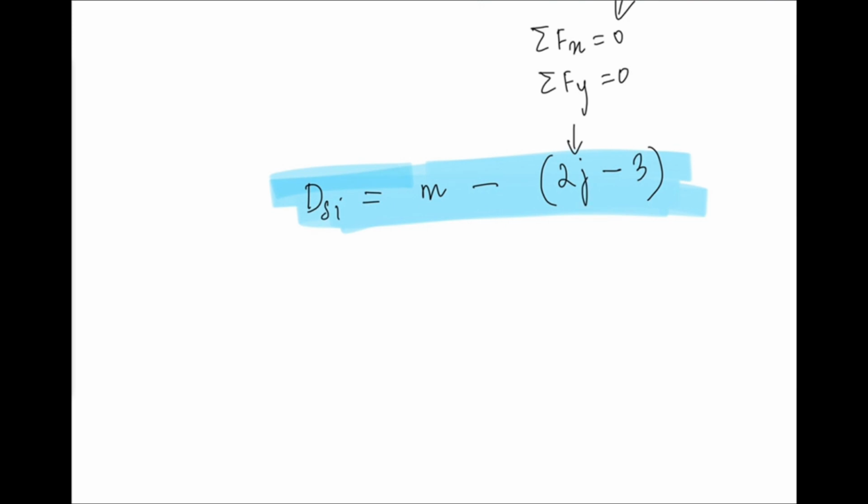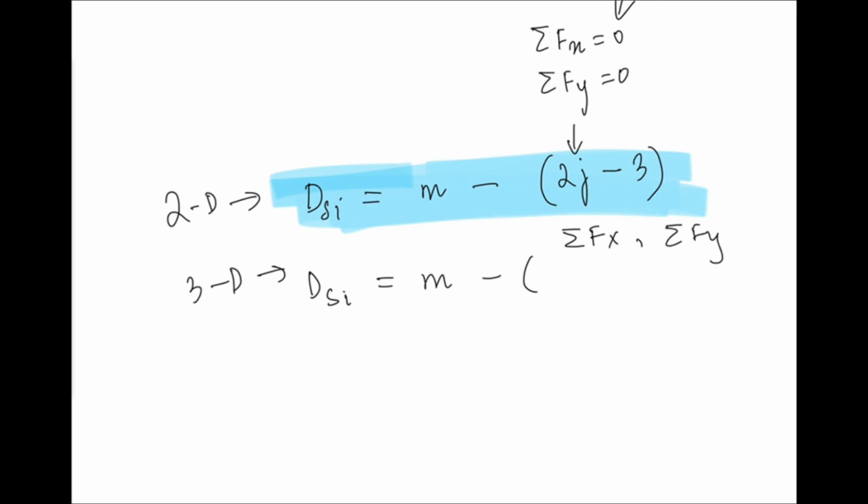Similarly, this is for 2D; when you come to 3D structures, your dSi will be equal to m minus, and in place of 2, it will have three equations, which are summation of forces in x, summation of forces in y, and summation of forces in z direction equal to 0.